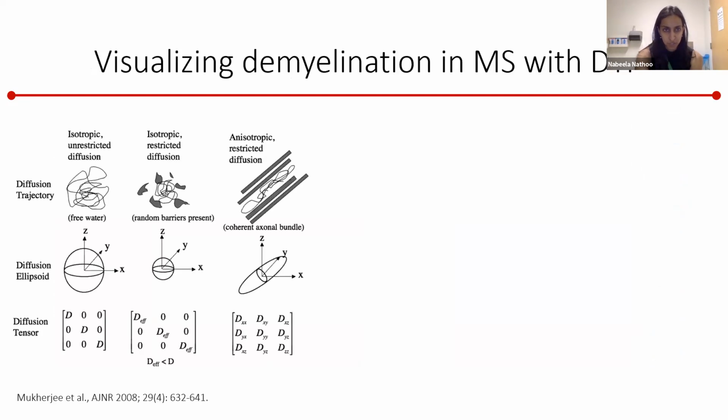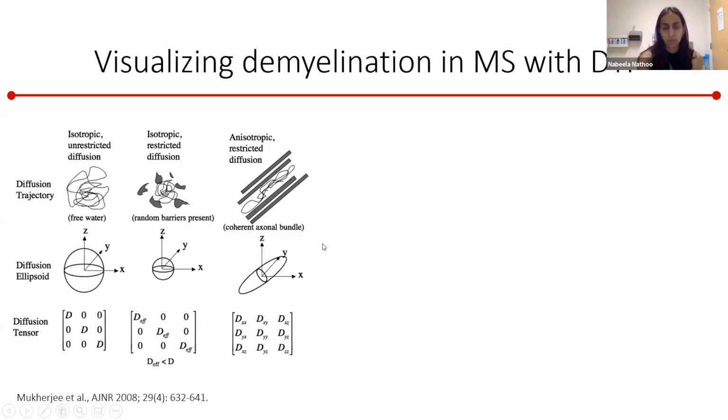So diffusion tensor imaging, I did some of during my time in Calgary. What that does is it basically looks at Brownian motion. If you have free water with no boundaries, it can essentially go everywhere. If you think of an axon in a myelin sheath, you have very set pathways for water to flow in. DTI just exploits that and looks at anisotropic restricted diffusion versus isotropic.